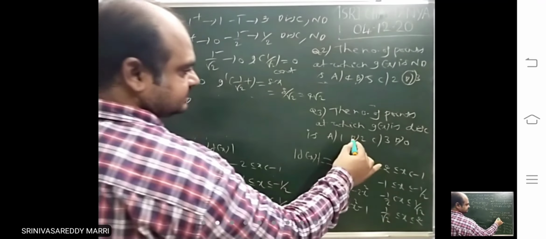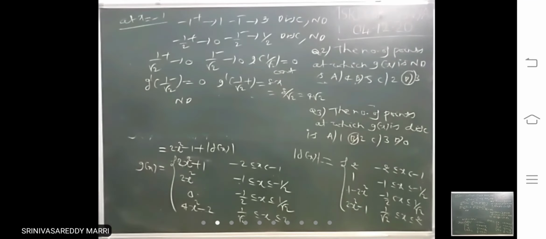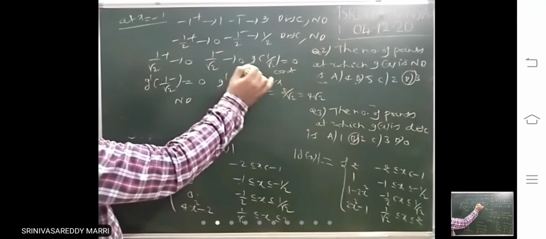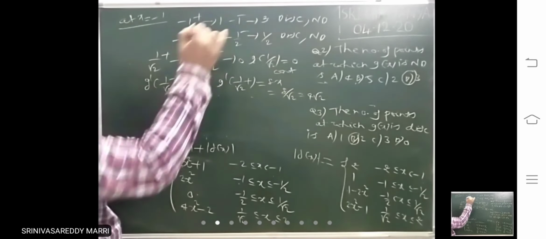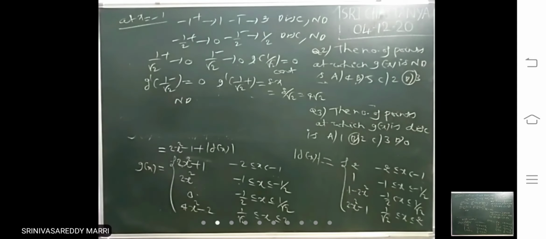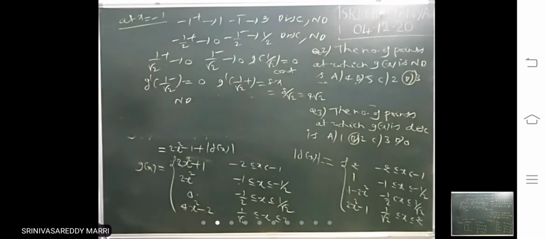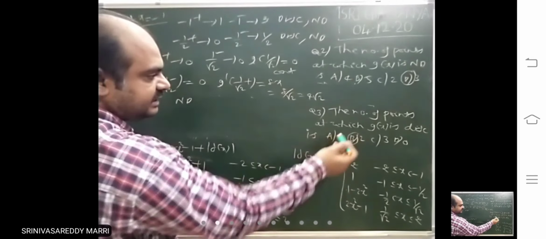2 points. Here it is continuous. At these 2 points it will be discontinuous. Not differentiable means 3 points. Discontinuous means only these two. So if you solve this problem, you can answer this in 1 second.